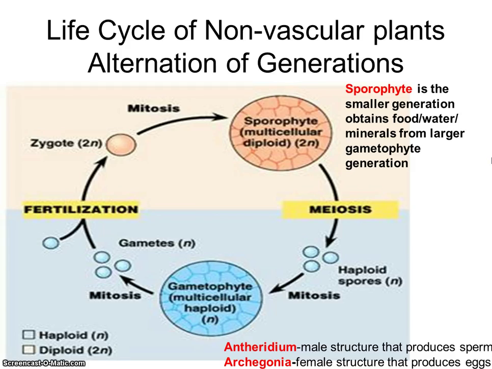The sporophyte will then contain multiple cells, so it would be considered multicellular then in a diploid version, not the haploid version. Then it will go through meiosis, produce haploid cells, produce reproductive cells, your gametes. Those will go through mitosis and then fertilization again. So this is how the spores turn into gametes.